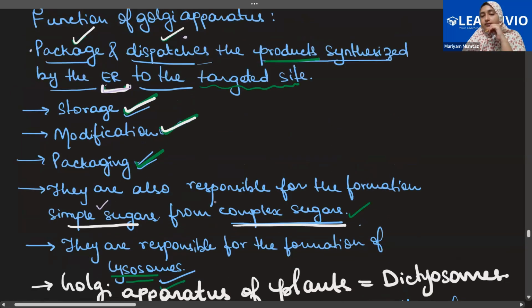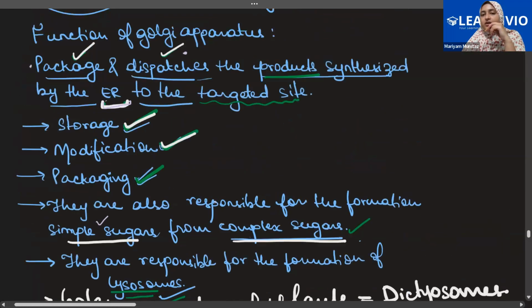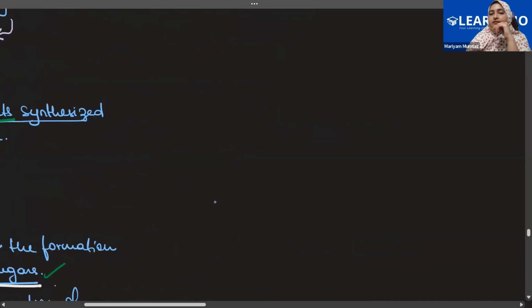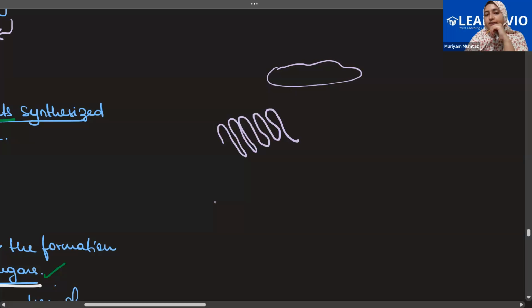Not all the organelles are made by the Golgi apparatus, only lysosome. For example, if this part is the Golgi apparatus, and here is the endoplasmic reticulum, the endoplasmic reticulum made protein and lipid. Now this will go to the Golgi apparatus.